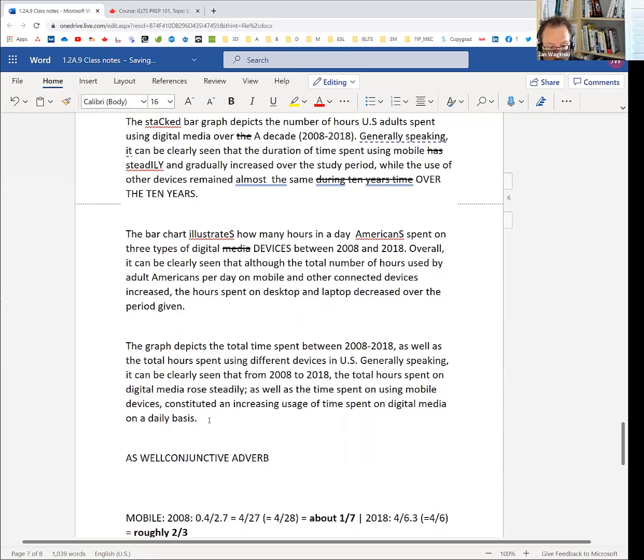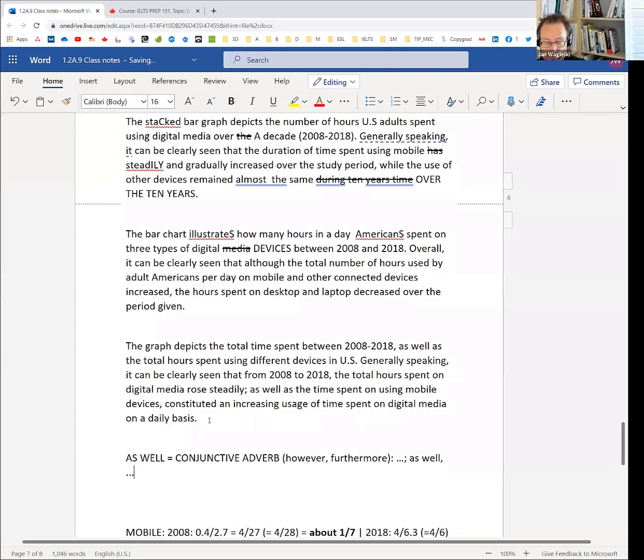As well is like a conjunctive adverb, like however, furthermore. So you would use it like independent clause, semicolon, as well, comma, independent clause.